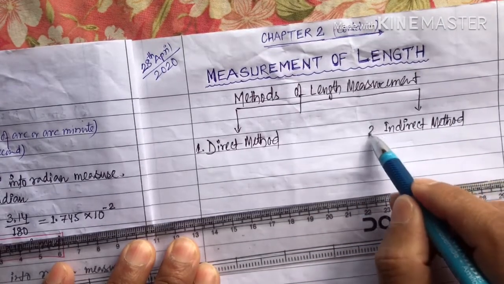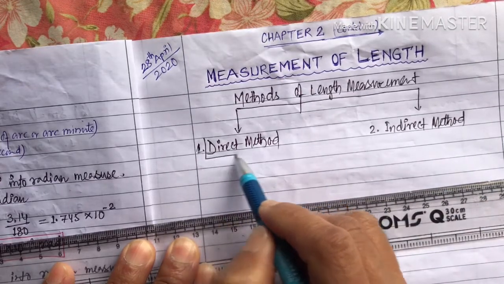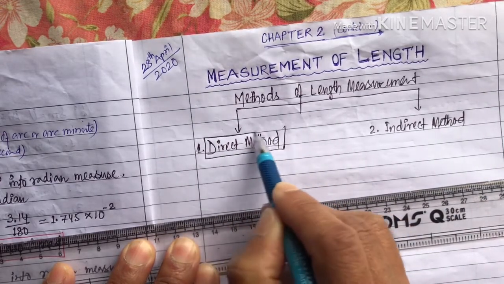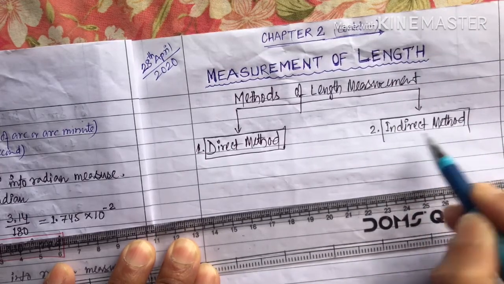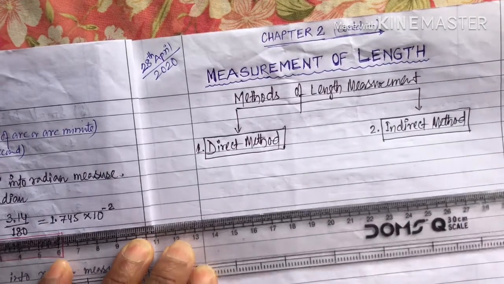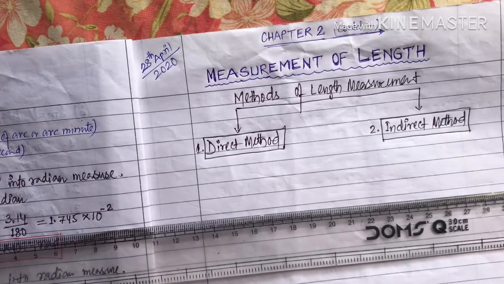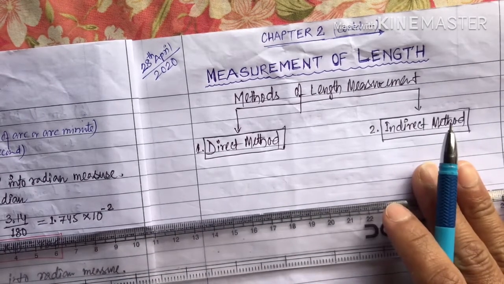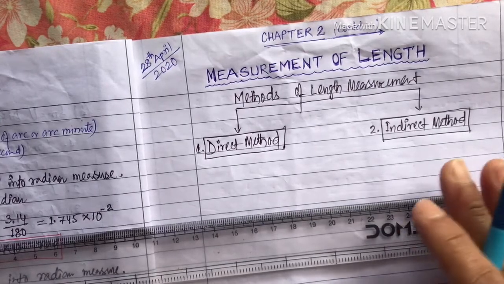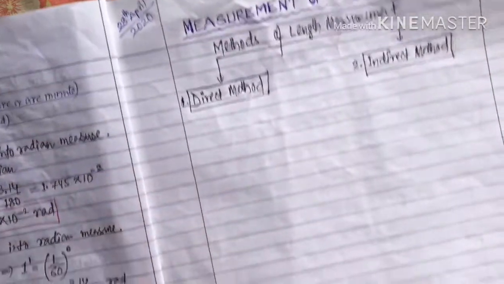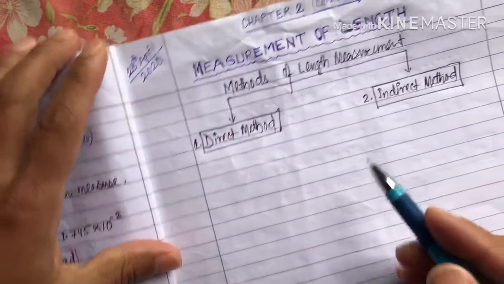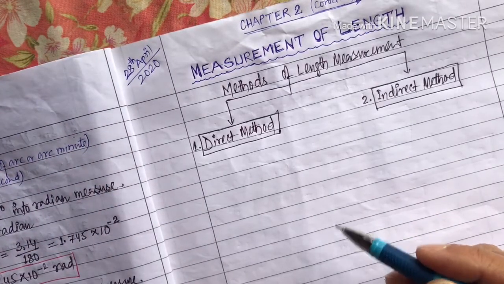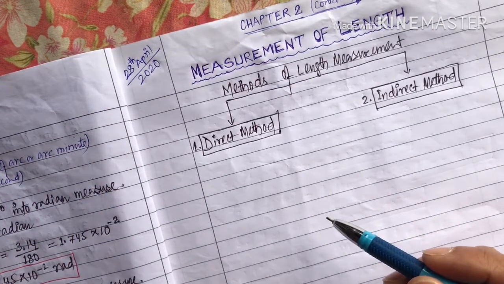So when we talk about the first, the direct method, these are the methods which we use in our daily life, or which are used by common people, right? The indirect method we'll see a little later. When we talk about the direct method, there are basically three ways by which we measure the length directly.